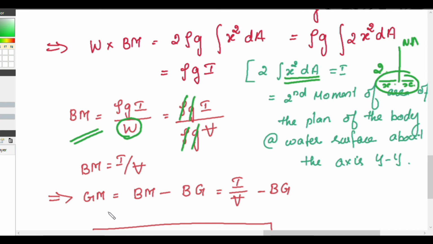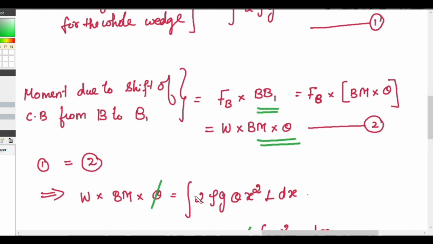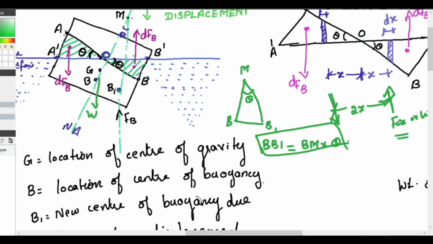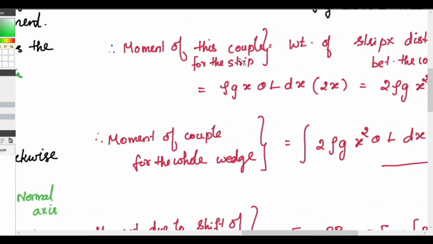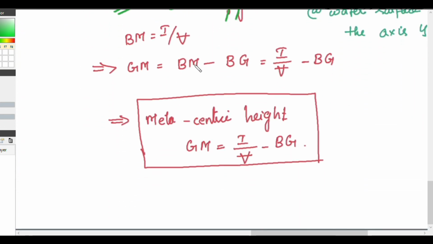We know GM is equal to BM minus BG. You can see it in the diagram. So BM is I by V minus BG.